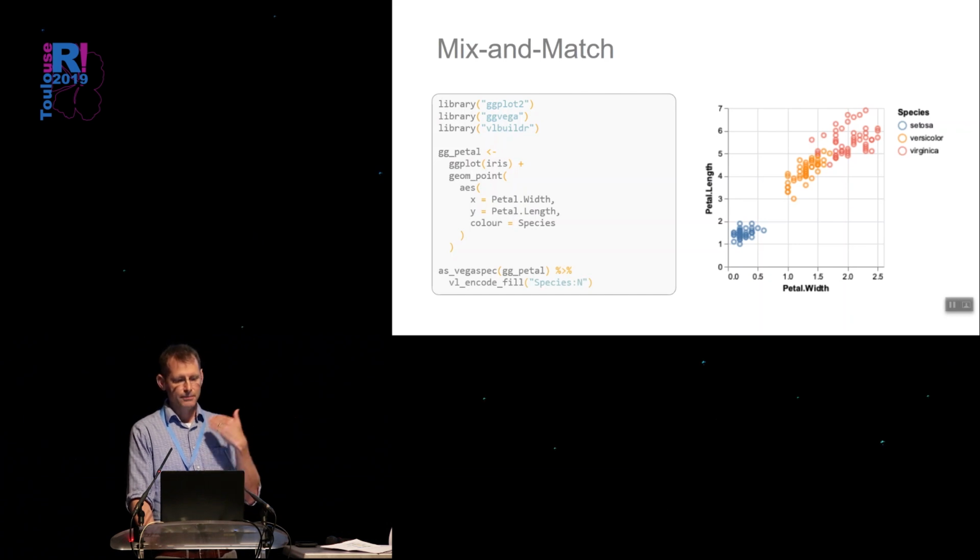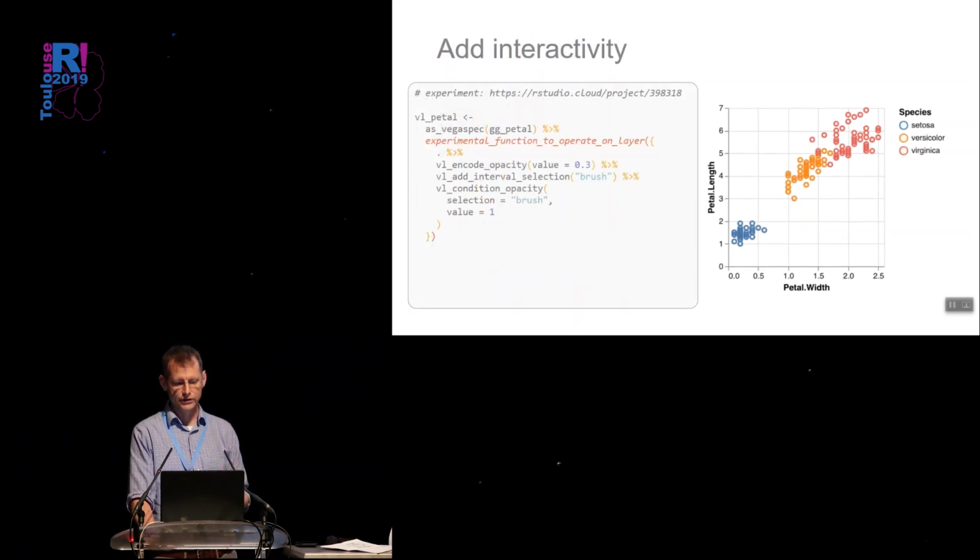We'll then pipe our Vega spec to a VL Builder function that will tell us that we want to encode the fill according to the species, and voila, we have now filled symbols. So this is an exciting thing we can do to mix and match, and we can even add interactivity this way. And I want to emphasize that this is very experimental.